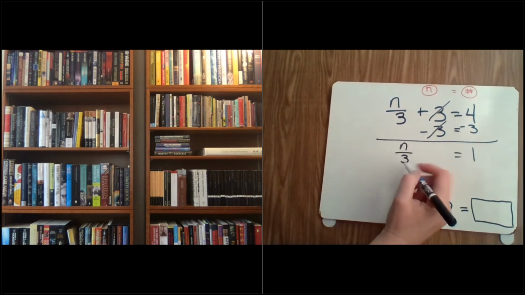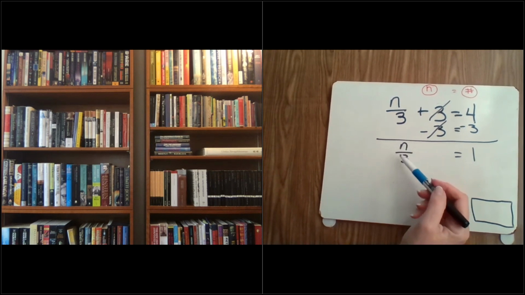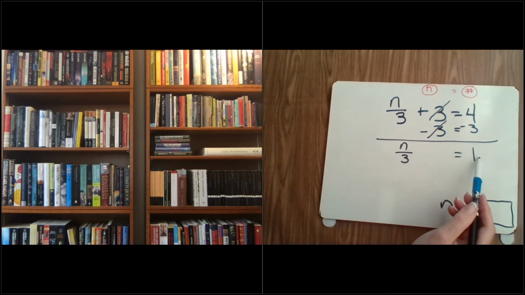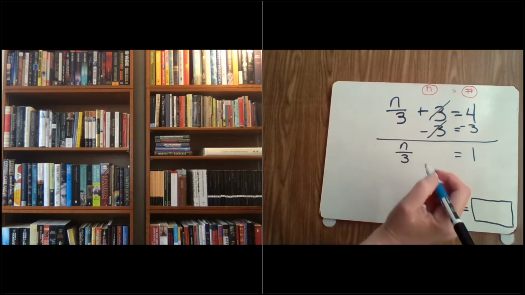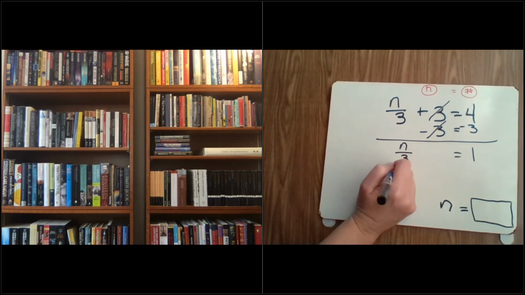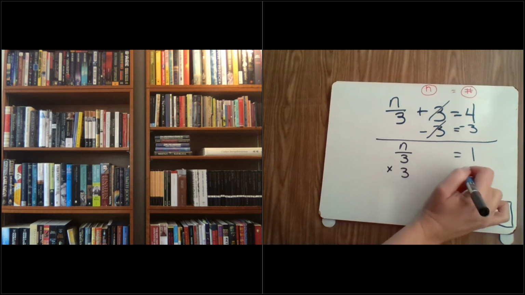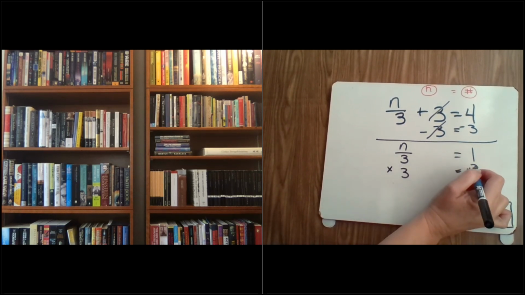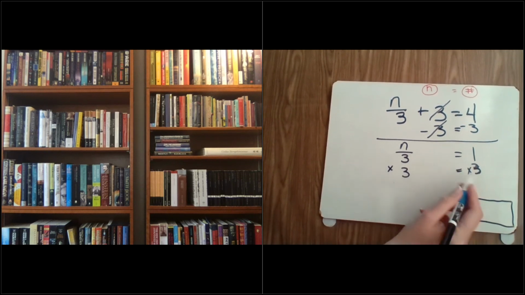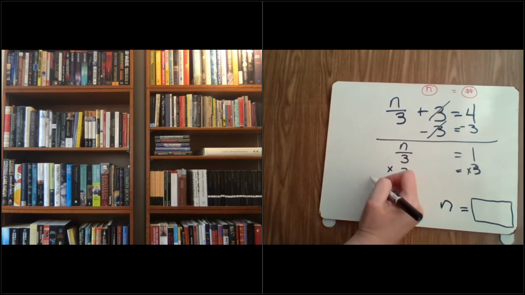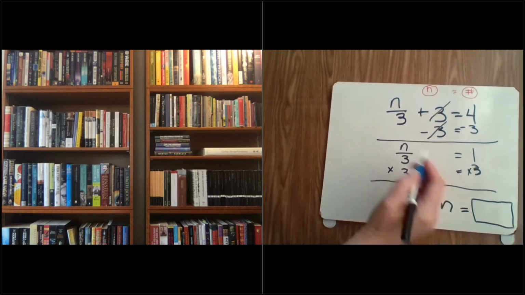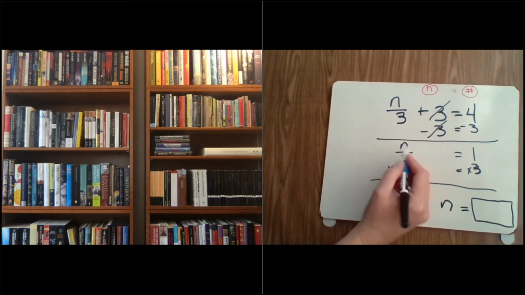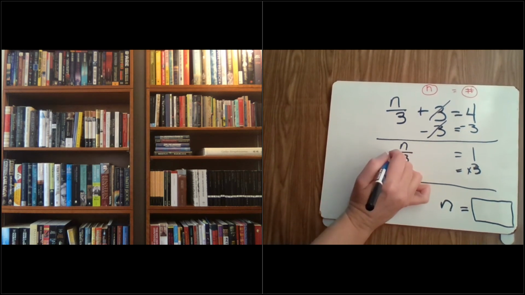Now I've got n divided by 3 equals 1. What's the opposite of dividing by 3? Multiplying by 3. If I do it on one side of the equation, I have to make sure I do it on both sides. This is a fraction, and when I'm multiplying, I find it easier to rewrite it side by side.